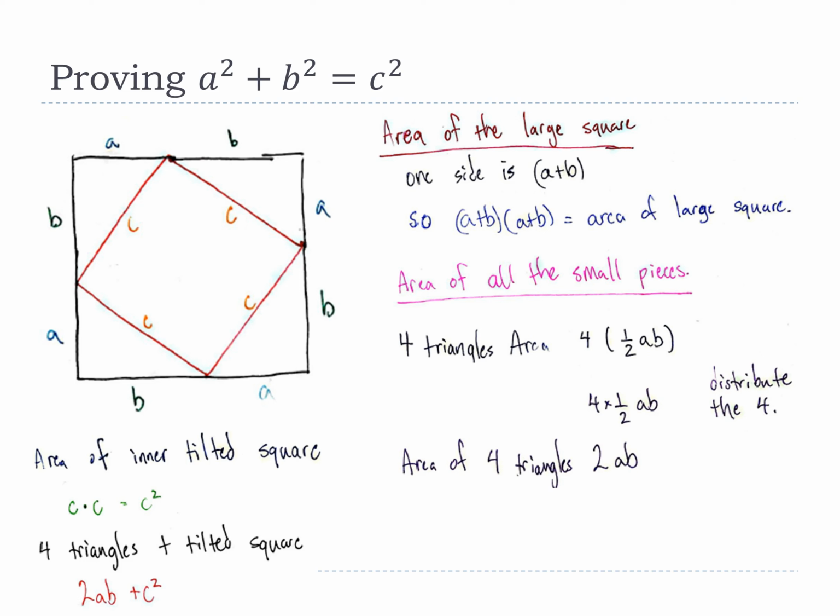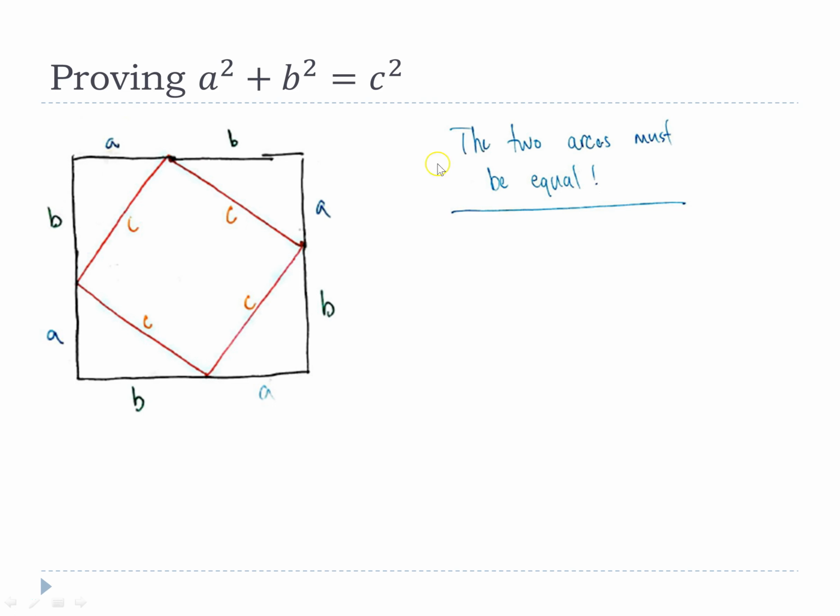We have the outside side times the other outside side, A plus B times A plus B, and we have 2AB plus C squared. Both of those ways must be equal. So A plus B times A plus B must be equal to 2AB plus C squared.